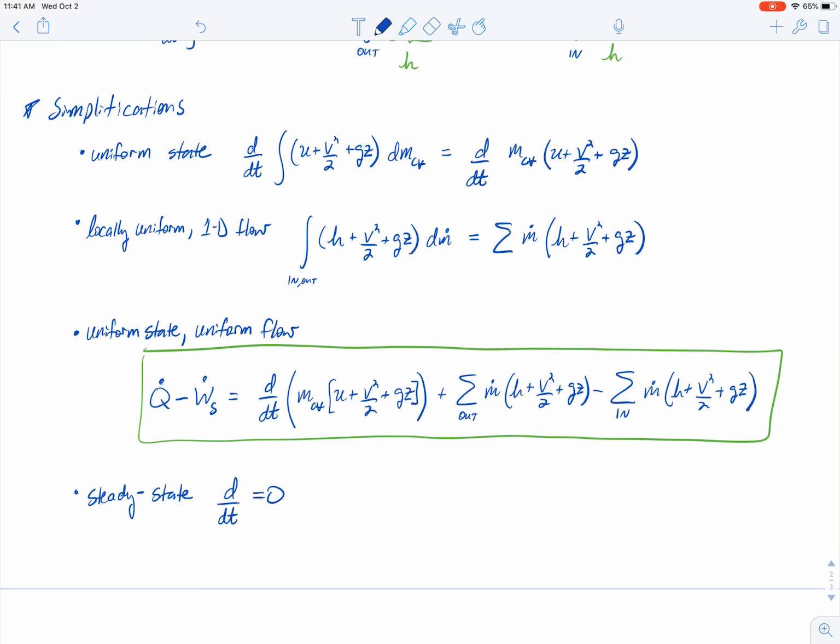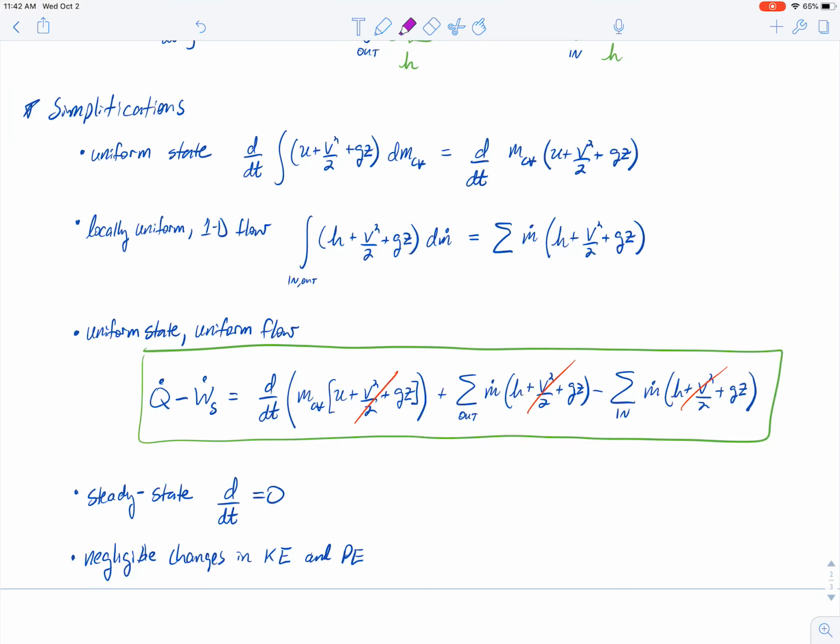Let's see if there's any other things I can usually assume. We'll see a lot of control volumes, not all of them, but in many cases we have negligible changes in kinetic energy and potential energy. In that case, I'll write it this way.